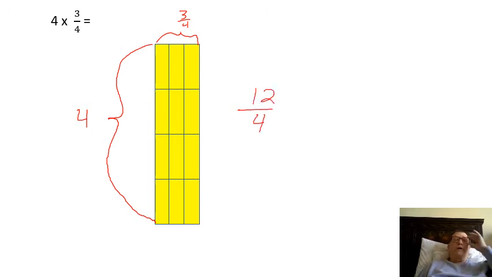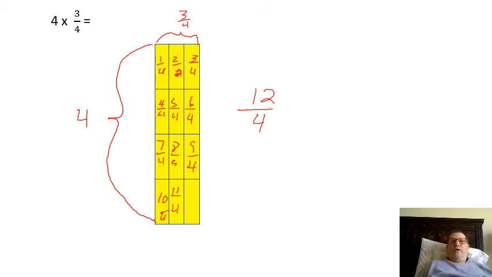Because if I just counted it by quarters, 1/4, 2/4, and 3/4, 4/4, 5/4, 6/4, 7/4, 8/4, 9/4, 10/4, 11/4, and 12/4. Now we know 12/4, 4 goes into 12 3 times, so we have 3 units squared.